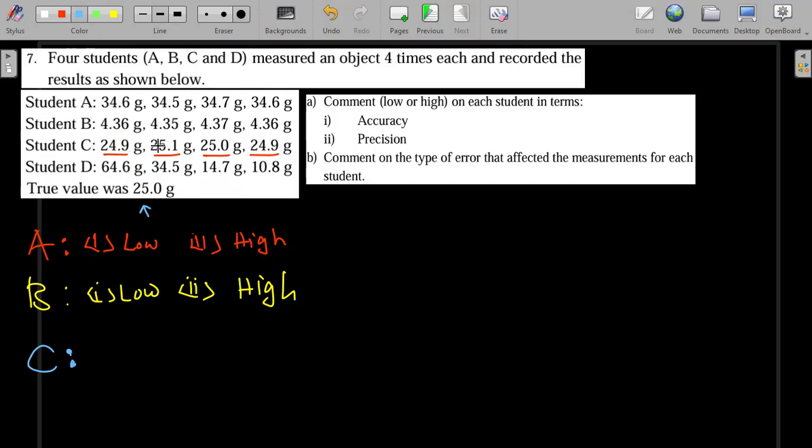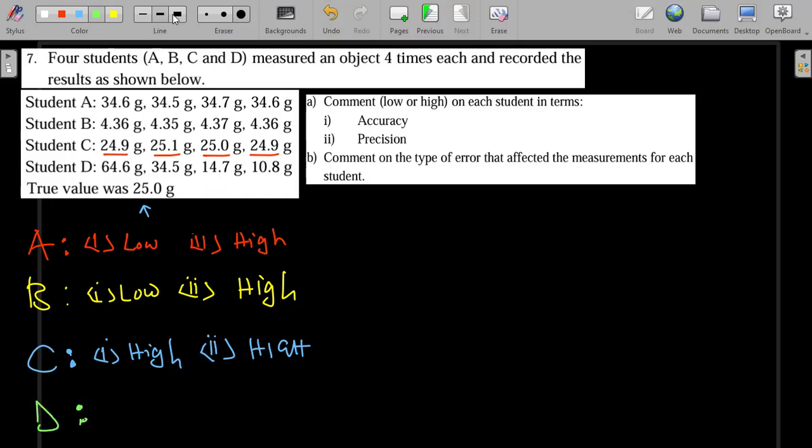This is 24.9, 25.1. So we are going to say that in this case the accuracy is high. Those measurements are accurate. What about the precision? The precision here again will be high because the measurements are closer to each other. So even the precision is high.